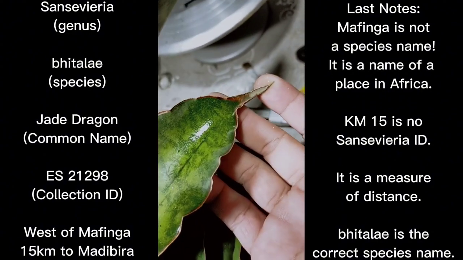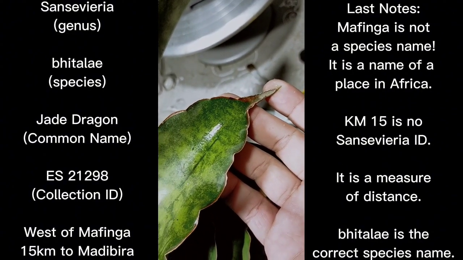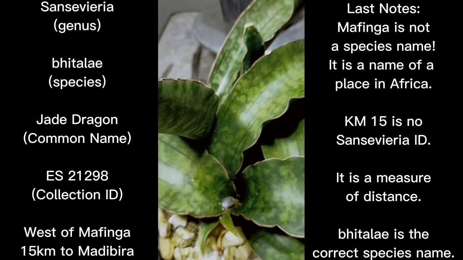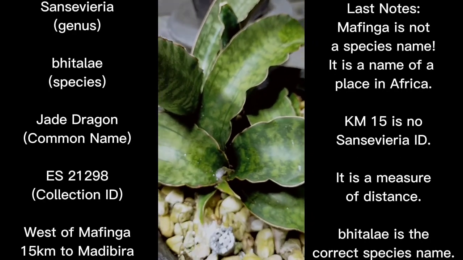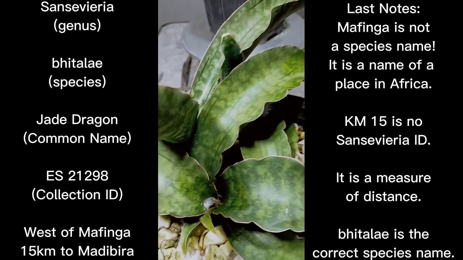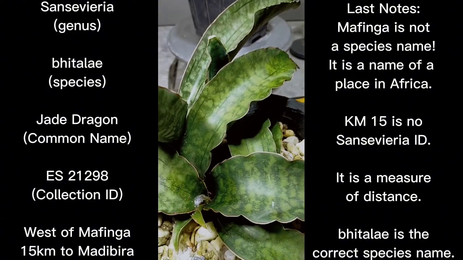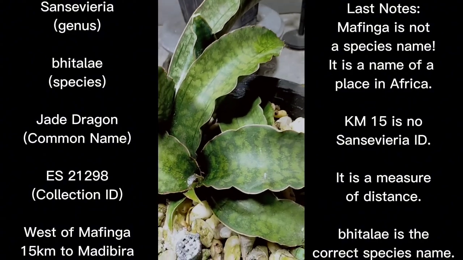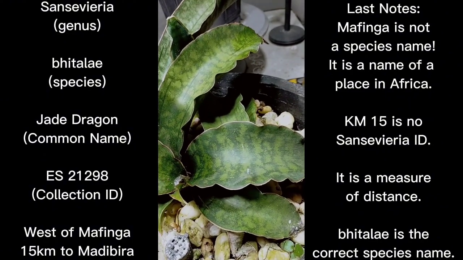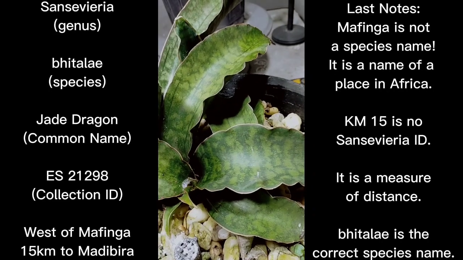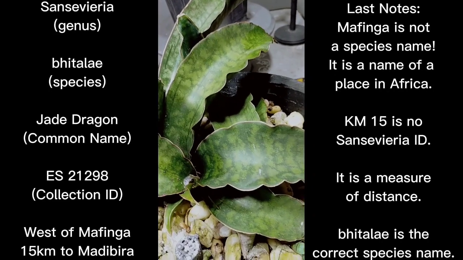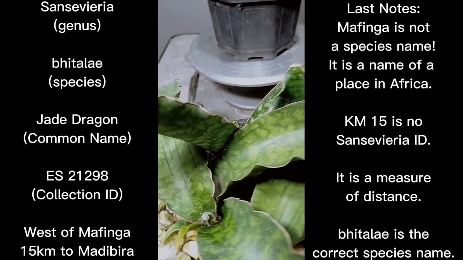That's the tip. Still looks like dried blood. So still very bhitalae in terms of characteristic, despite the narrower leaves, and for me shorter because I haven't grown them to a very tall singular leaf.